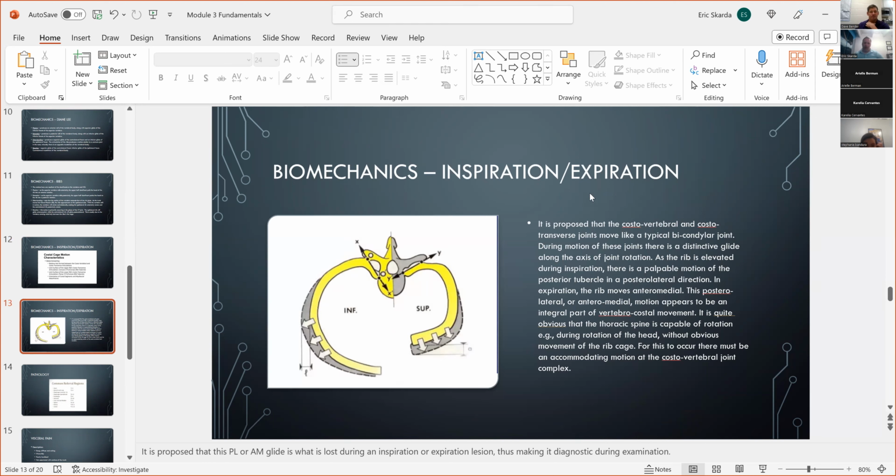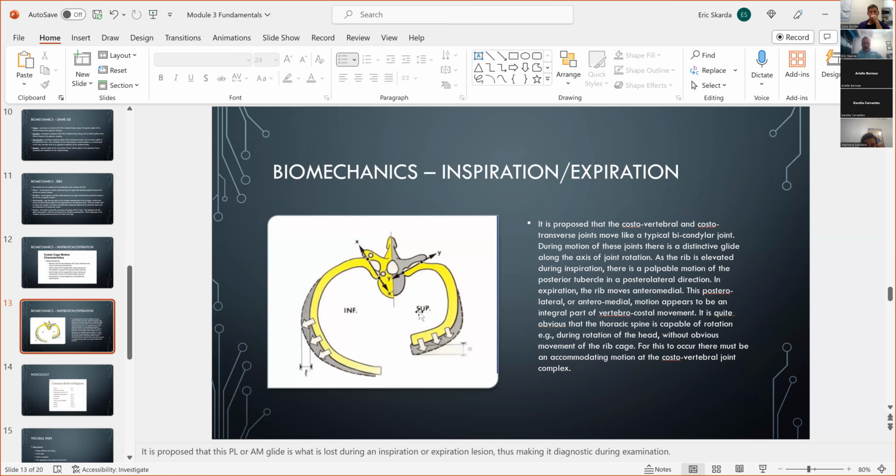Yep. So this is the last little thing here, guys. Mechanics of inspiration and expiration. We were talking about this a little bit previously, but when I take a breath in, this is a nice little graphic here. The one thing I want you guys to take notice of is the angle here of the transverse process, right? So this on the right here is an upper thoracic segment, where relatively speaking, the transverse process is closer to a 90-degree angle with the vertebral body.